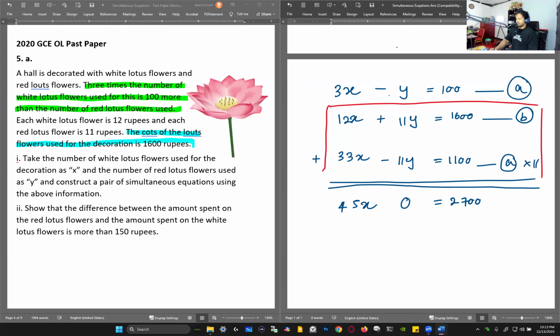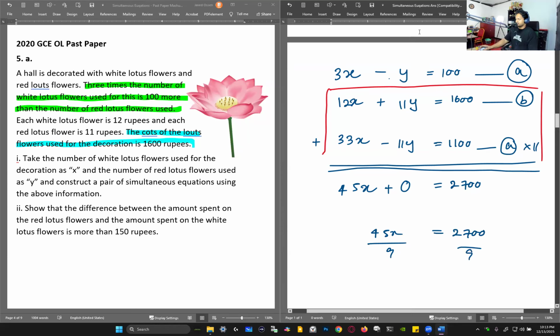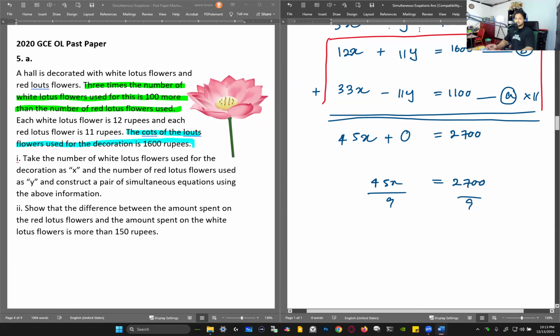Both are divisible by 9. So we're going to get 45x equals 2700. Divide both sides by 9 first. 45 divided by 9, Miss Fatima, tell me. 5. 5x. 27 divided by 9 is 3, so 300.